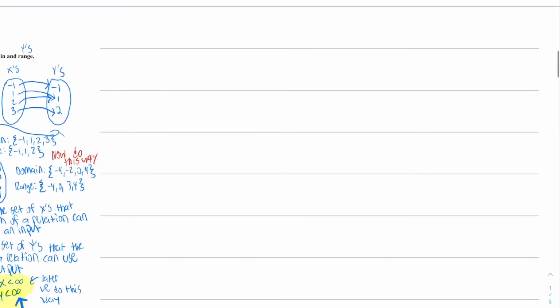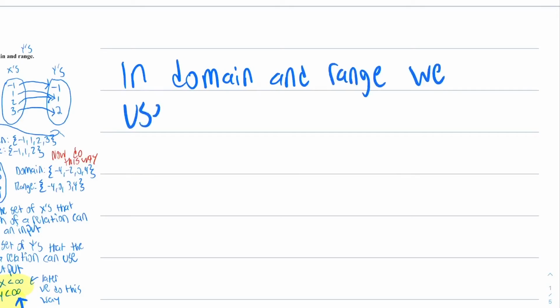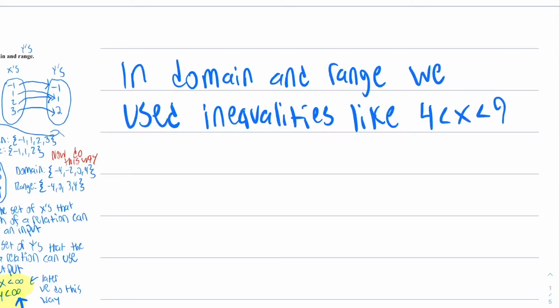Let's make note of this. We use inequalities like 4 is less than x, which is less than 9, and negative infinity is less than y is less than positive infinity.